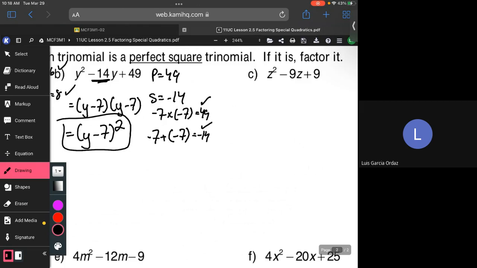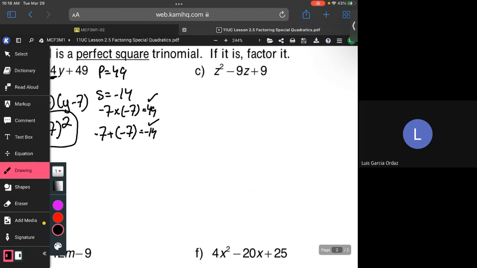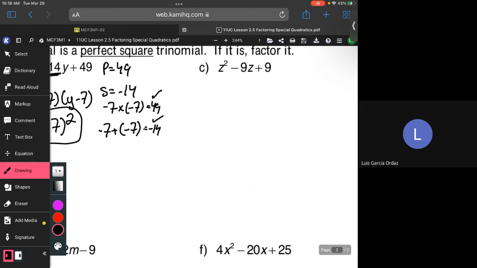Olivia? The square root, to get 9 and a sum of -9 would be -3, but -3 plus... Yep. Negative 3 times negative 3 is positive 9, which is good. But negative 3 plus negative 3 gives me negative 6, which is not what we have in the middle. So what would my middle term have to be for this to work?